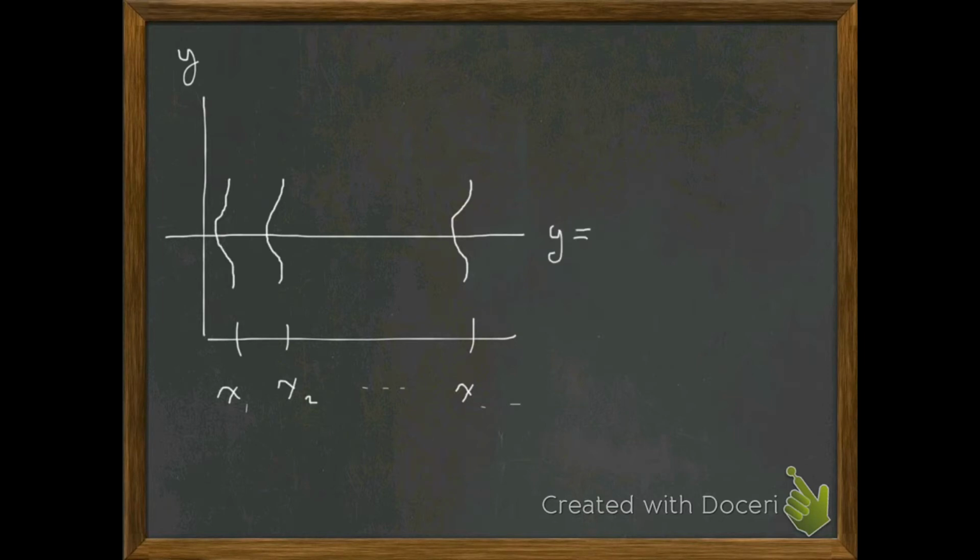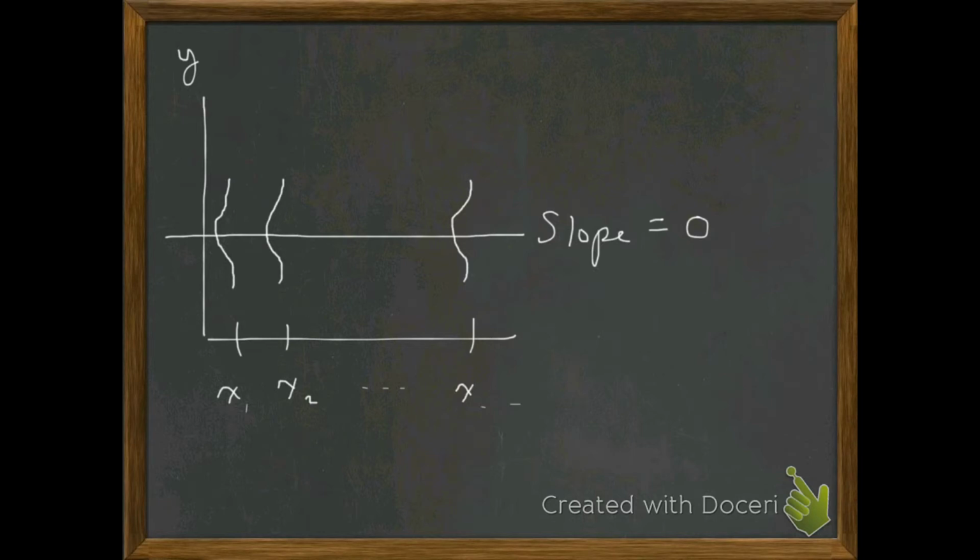So we're assuming, unless we can get information from our data to indicate otherwise, that our mean values of y lie on a horizontal line.